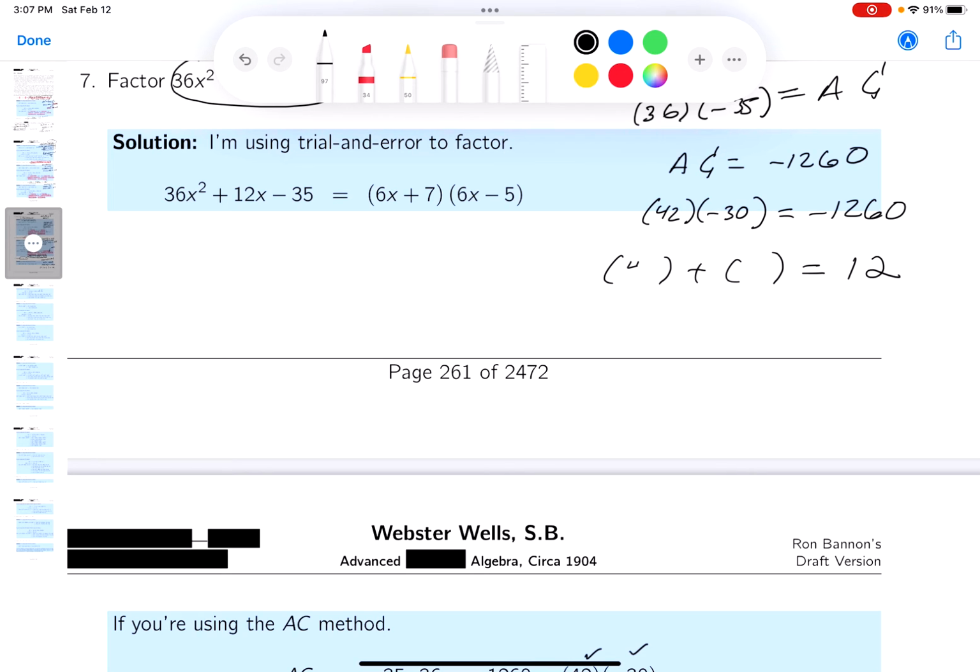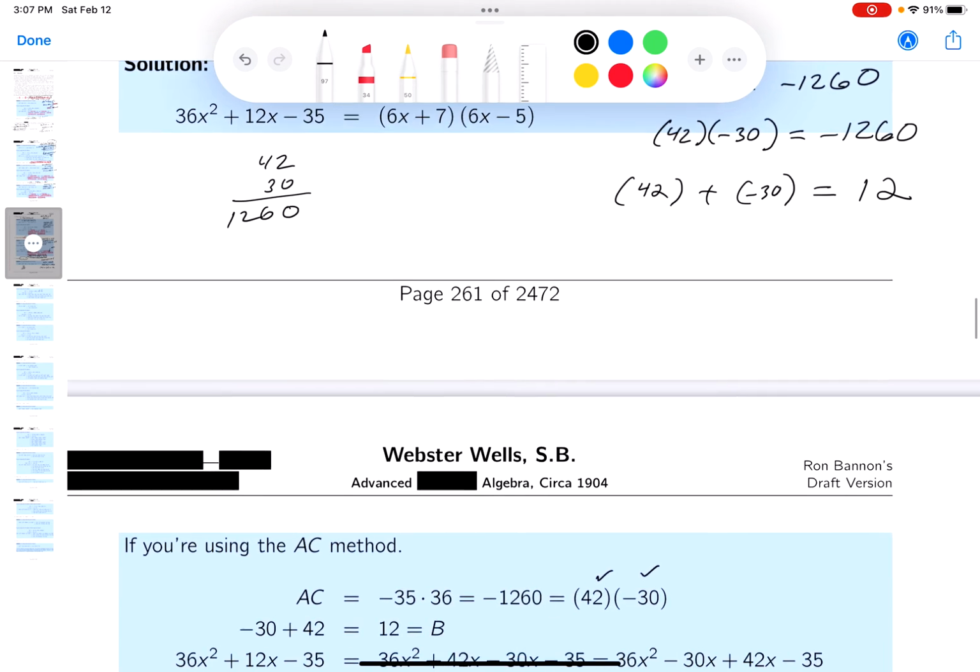I'll go through that with you, though. 42 minus 30. Now, 42 minus 30 definitely differ by 12, and 42 times minus 30 is 1260. Let me go through that with you. It's easy, all right? In hindsight, it's easy. Then what? And again, these are kind of huge numbers, all right?